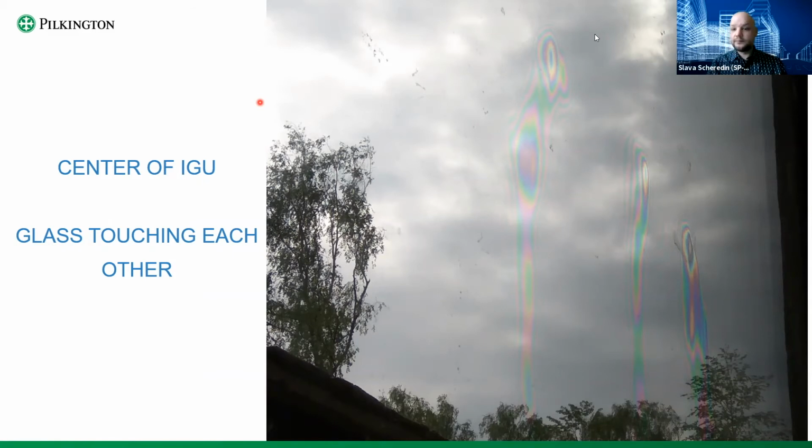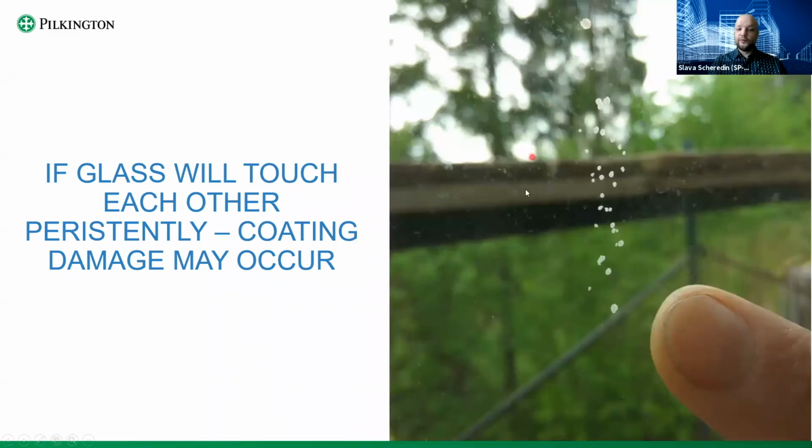If it is not heated, then the temperature difference between production and installation of the IG unit is very high. So the glass during the winter will touch each other, and this can result not only in rainbow spots, but in permanent damage of the coating, like shown on this picture. This is the same IG unit, only a little bit later.